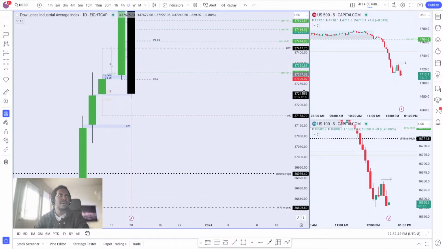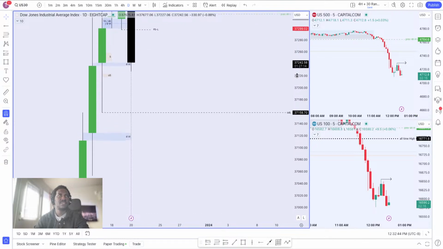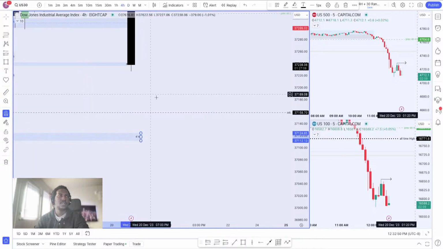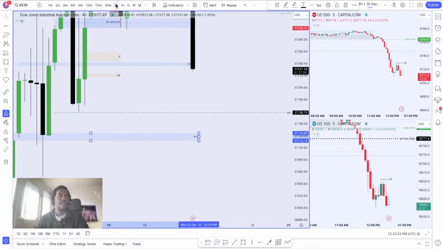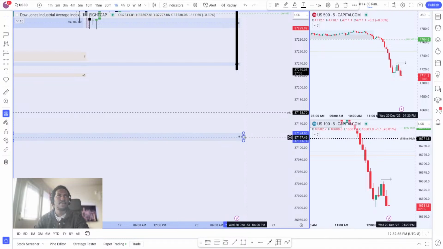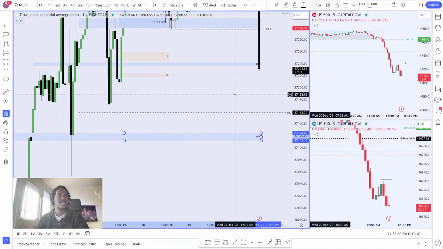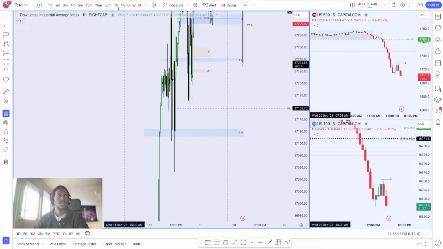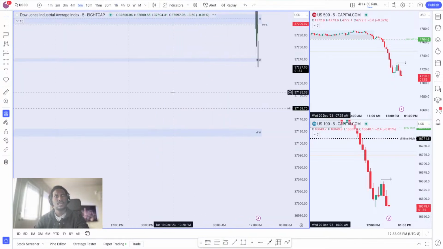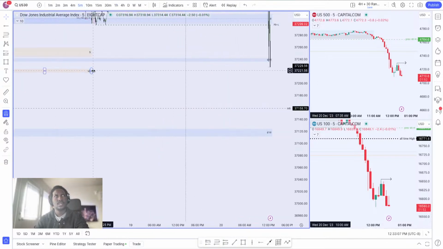And then we do have another daily volume imbalance over here. My bad. And then we have this 5-minute situation here from a long time ago. Right there.